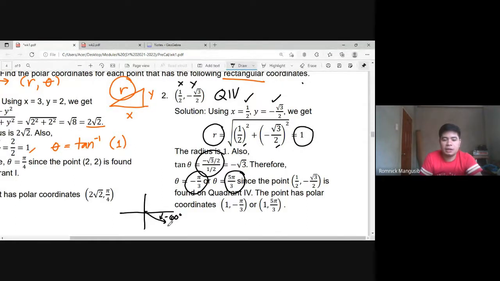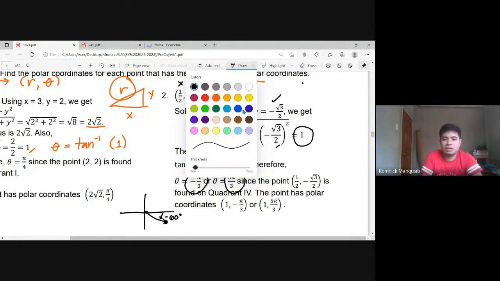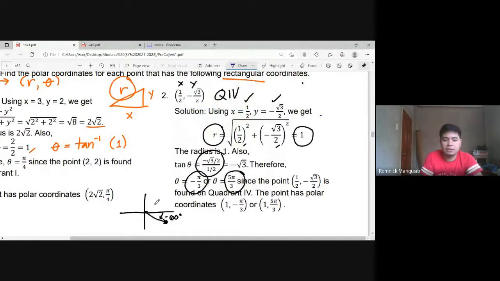Rotation clockwise. Ito naman si 5 pi over 3 is an indication of counterclockwise rotation at yan naman ay katumbas niya ay positive 300 degrees. So, kinonvert ko lang yan into degrees para mas ma-visualize niyo, pero siya si pi over 3. Tapos ito naman in black, yan naman si negative pi over 3.